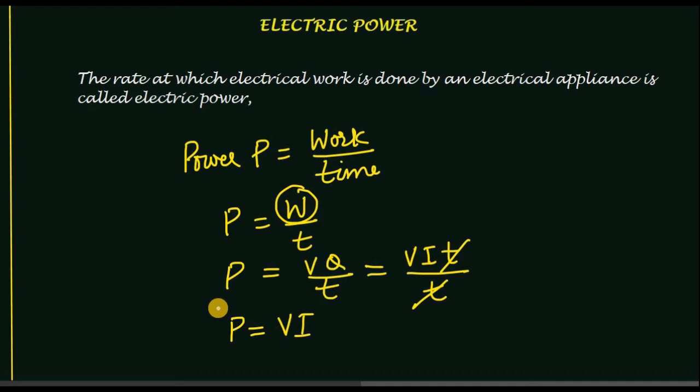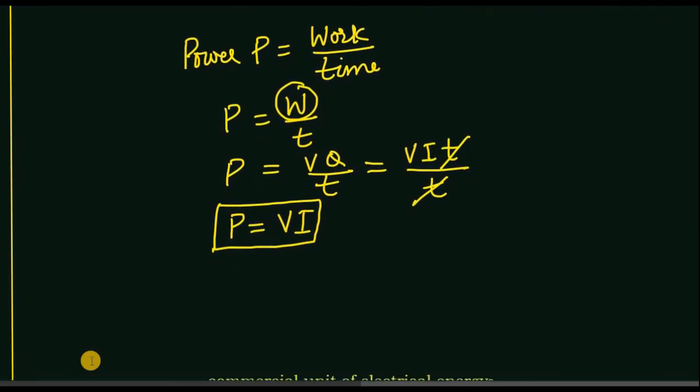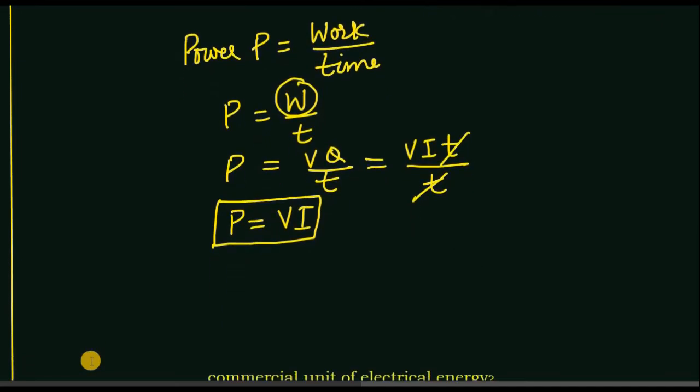This is the first formula of power we have got, and a very important one, because when we solve numericals, this will be a very useful, very simple formula. Now from here we can derive other formulae also.